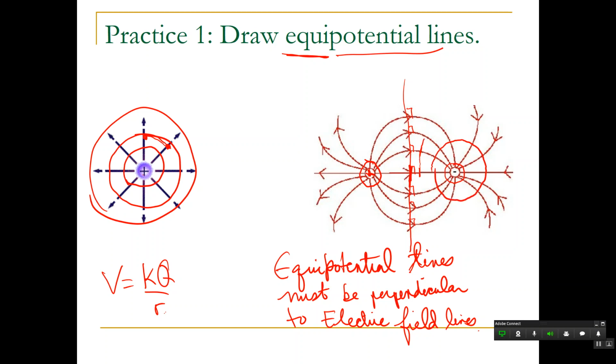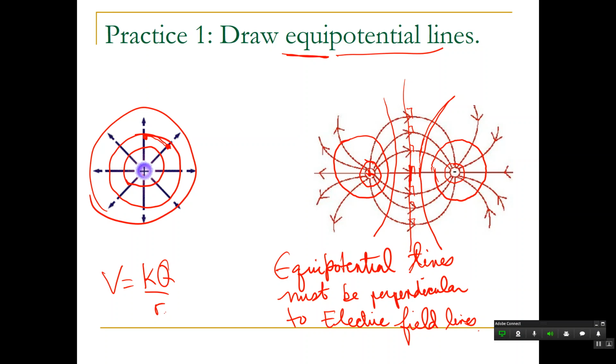Oh no, I'll redraw it. Something like that. Okay. And if you add many charges, you can see how this can become like a topographical map, right? And these are two very simple situations because I'm dealing with two point charges.